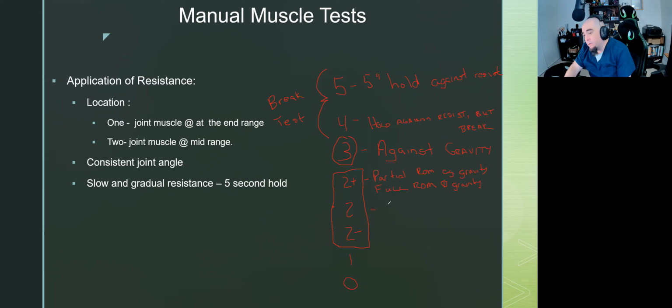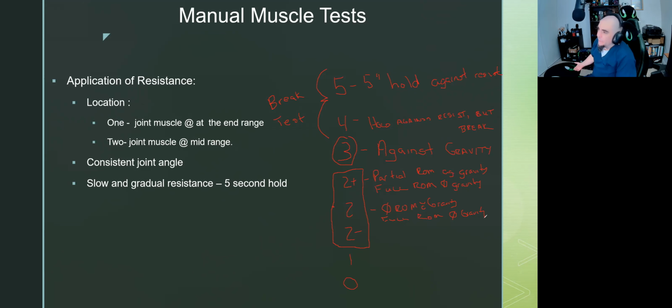A 2 is no range of motion with gravity, full range of motion without gravity. So you tell me to do it in space, and I'm like, yeah, I just can't. I don't have the strength.